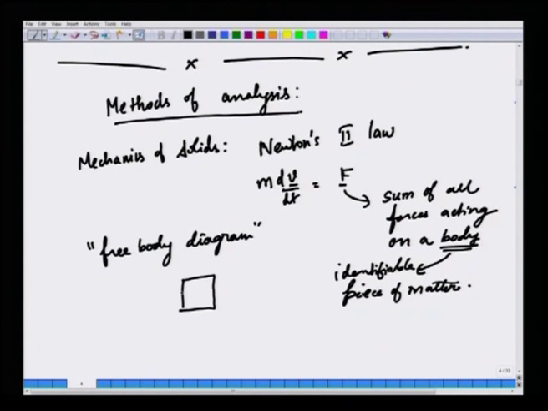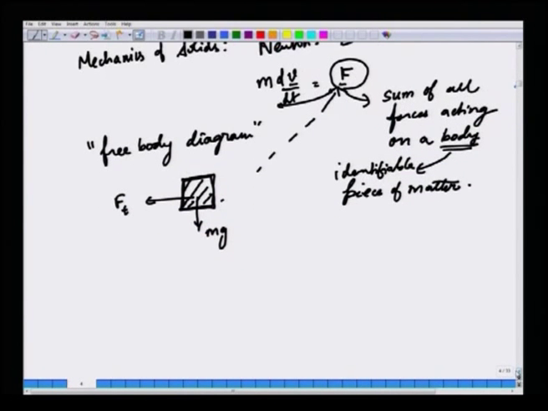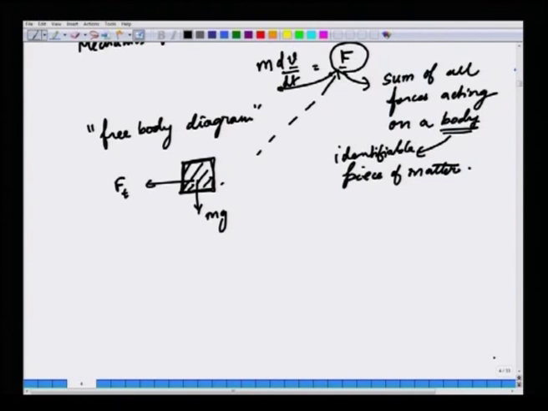You identify the forces, such as gravitational force and maybe some other tangential force, and then we compute the motion by isolating the body and asking what the forces are. Once you figure out the forces, you can plug them in here and compute the velocities and how they change with time with the help of an initial condition.